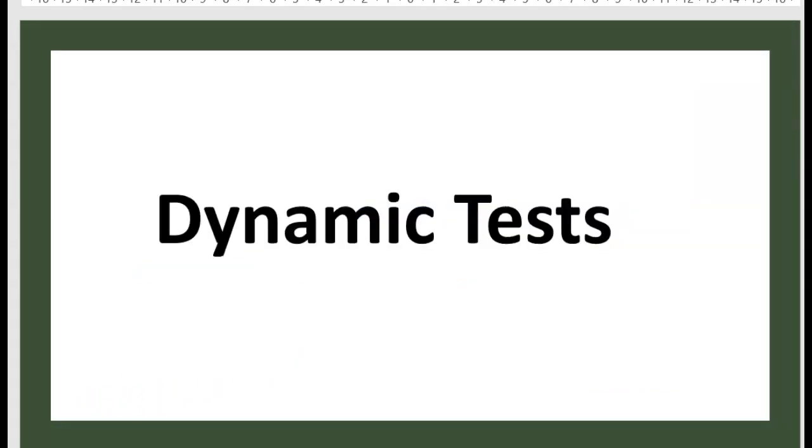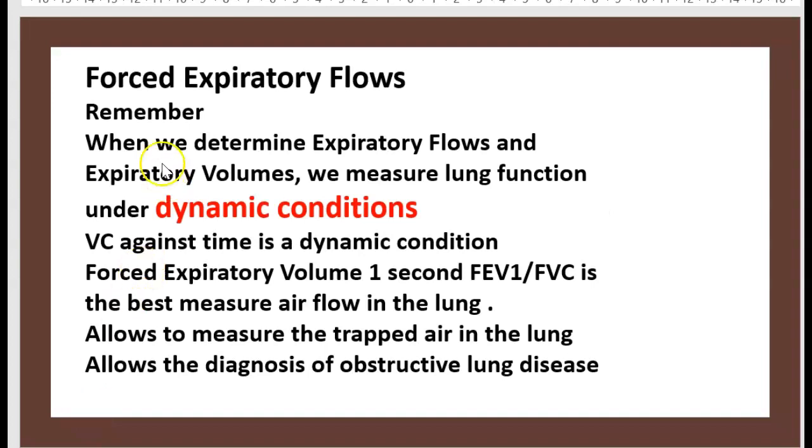Now let's move on to dynamic tests. Forced expiratory flow. When we determine expiratory flow and expiratory volume, we measure lung function under dynamic condition. Vital capacity against time is a dynamic condition.